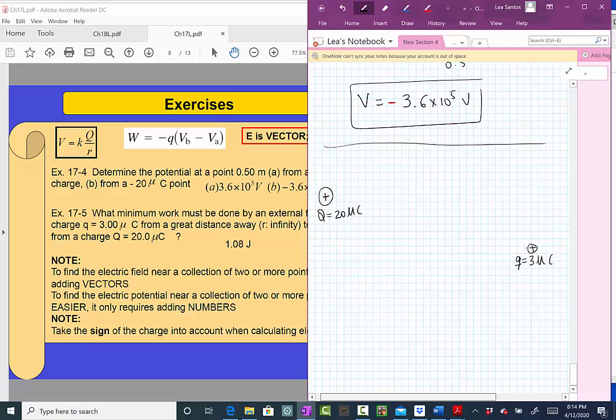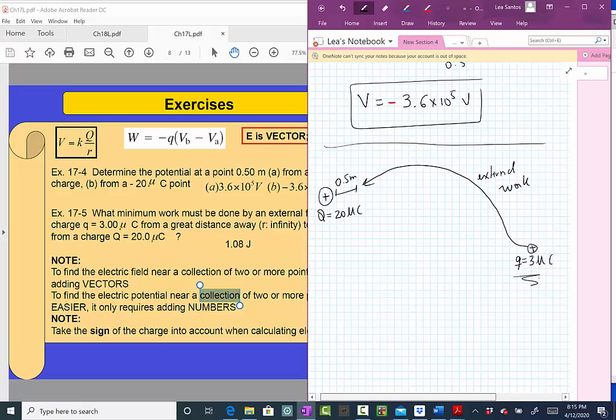What we are going to do is exert an external force. So we are going to do external work. We are going to be injecting energy to bring this particle from far away to a distance here that is 0.5 meters away from this big Q. The little q does not want to get any closer to the big Q. It's as far as it can be.